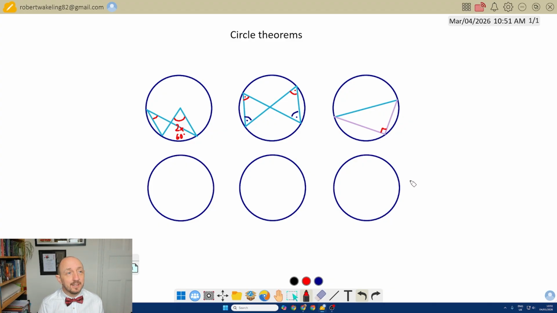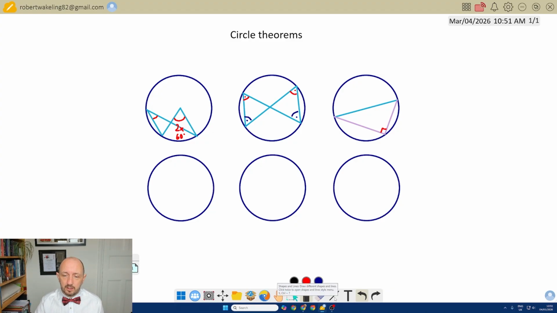Okay, and this one is a tricky one because it opens up so many higher level concepts later on. You can have Pythagoras in here, trigonometry, perpendicular lines and things like that. So this is definitely one that you need to be aware of. The diameter creates this right angle.